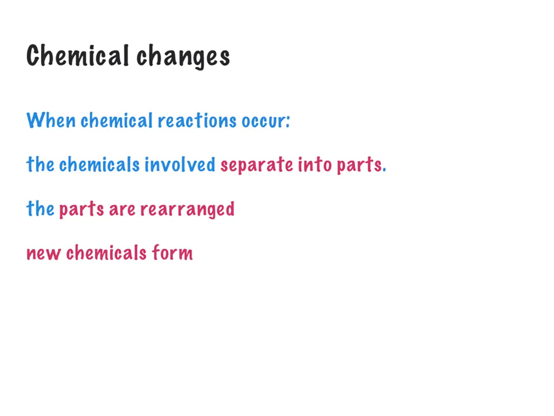When they do these changes and rearranging, we actually get a new chemical form, and that is what we call a chemical change. A chemical change has certain things to look for. You can get bubbles, or it gives out some heat and gets hotter, or it takes in some heat and gets colder, or maybe it changes colour, or maybe some solid forms when there were only liquids before. We look for these things to tell us that perhaps we've had a chemical change. But let's stay with neutralising the acid and move on from there.